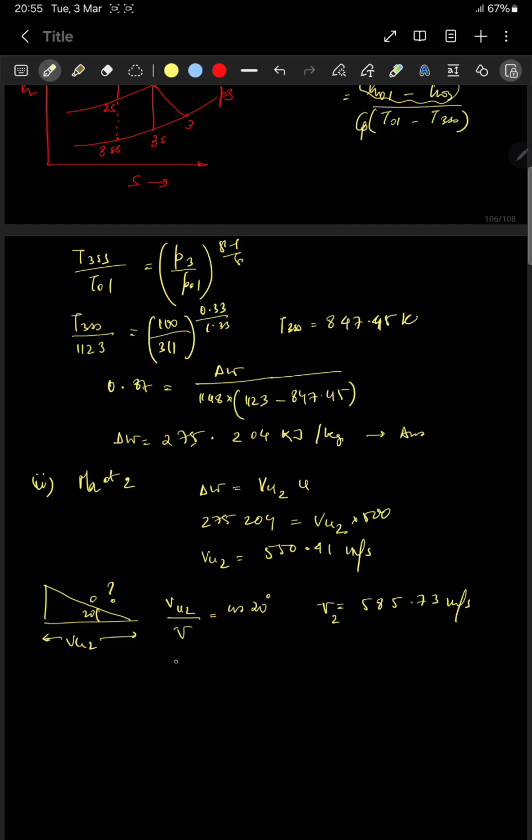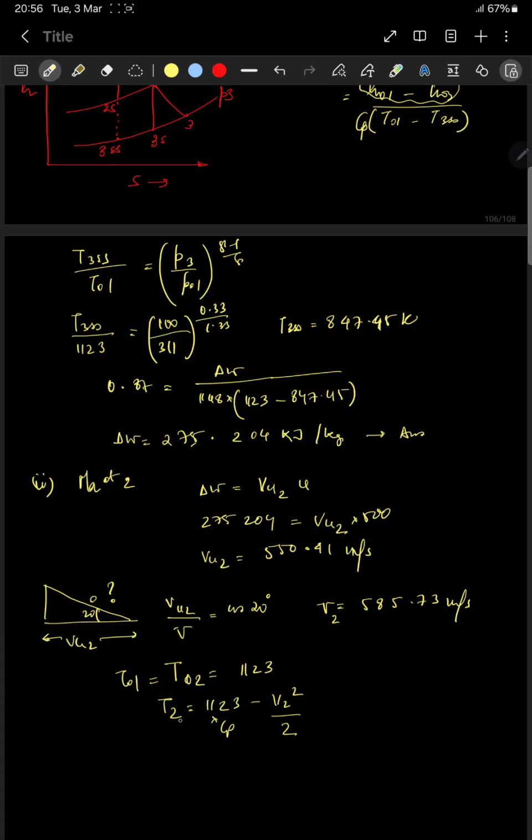You have to find T. T02 is equal to T01, which is equal to 1123. So T2 is 1123 minus V2 square divided by 2 into Cp.